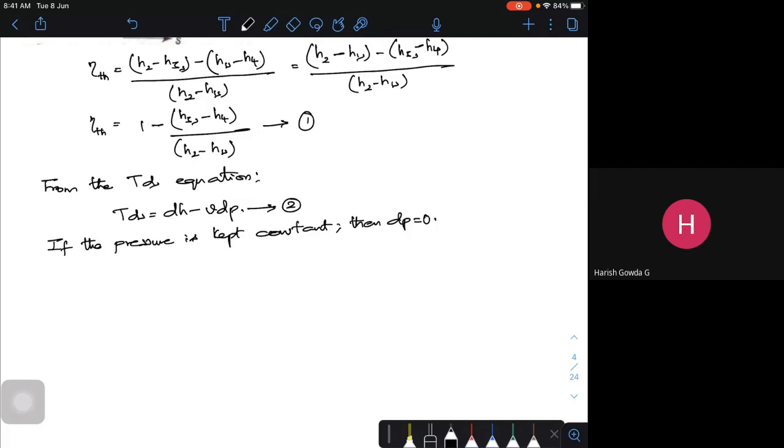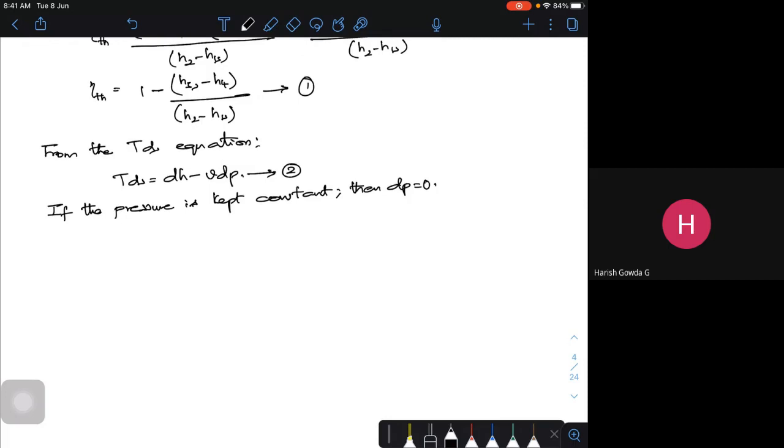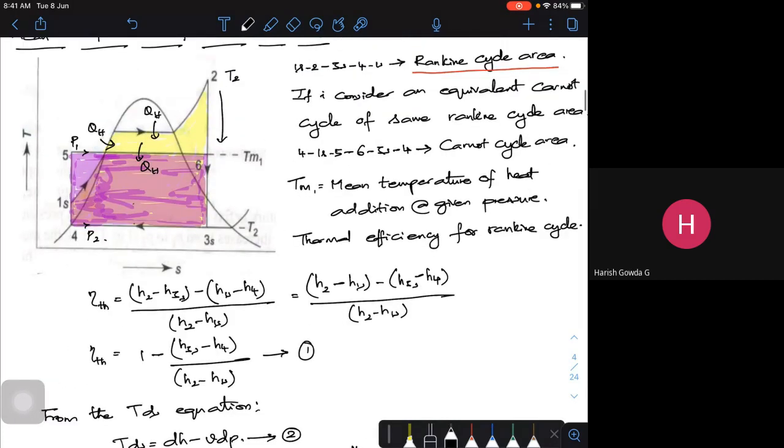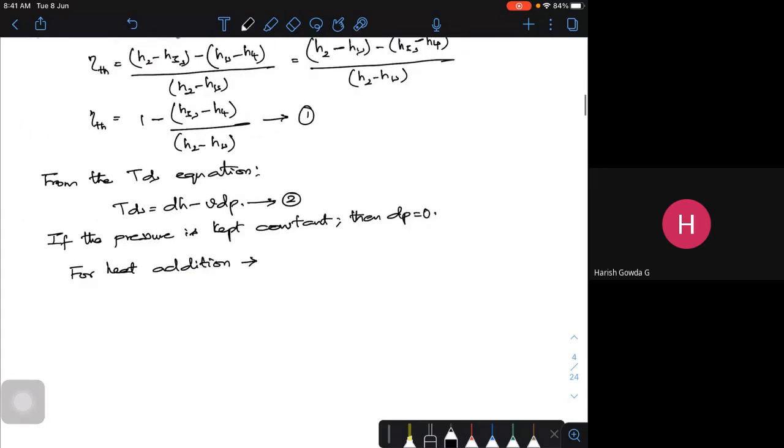Then for the heat addition process, what will happen? I can write the heat addition for this Carnot cycle as Tm1 into delta S. You know that dq is equal to del q by T; hope you remember, this was derived in your basic thermodynamics course.